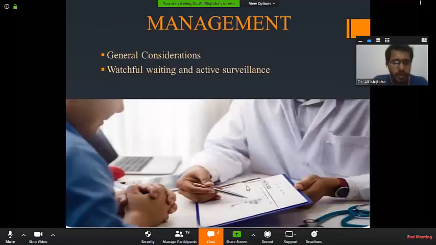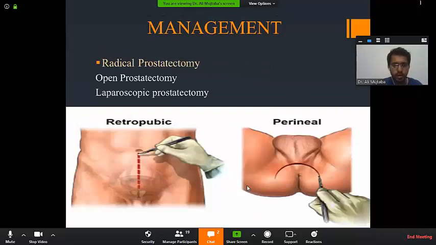Normal management of the patient includes general nutrition, active surveillance, and radical prostatectomy.